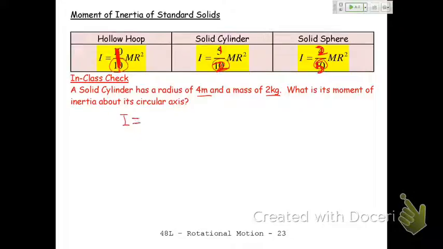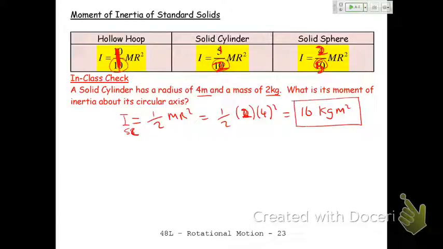You'd simply go: solid cylinder is equal to 1/2 m r squared, which is 1/2 times 2, times 4 squared, which equals 16 kilogram meter squared. So you don't have to always use calculus. I'm going to come back to this bit in a minute.